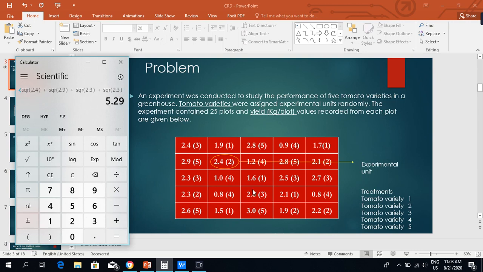You should add all squared values of 25 plots together.